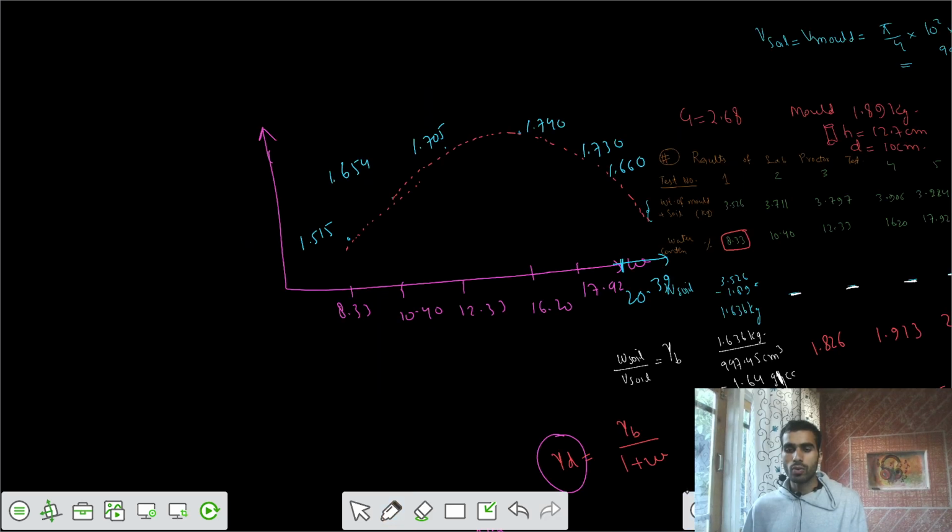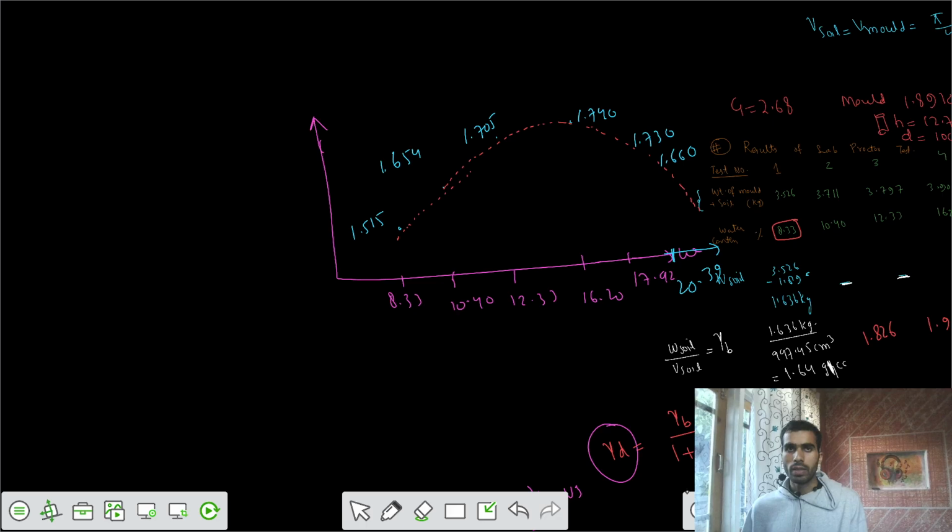When you take those actual values with actual scales, you can get the exact curve. The peak is developed somewhere here. This is your gamma d max, at some value of optimum moisture content.